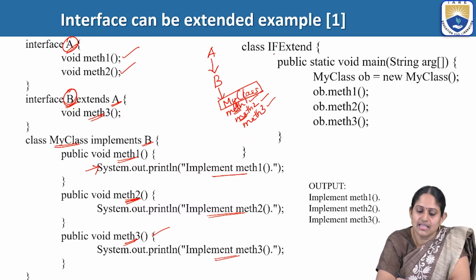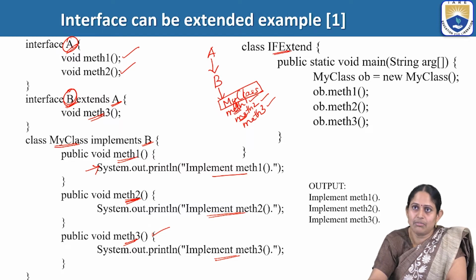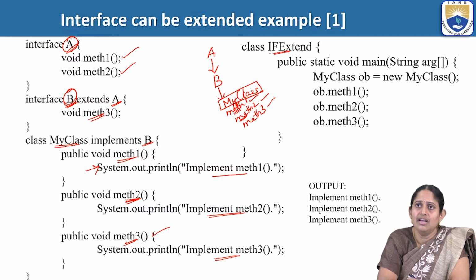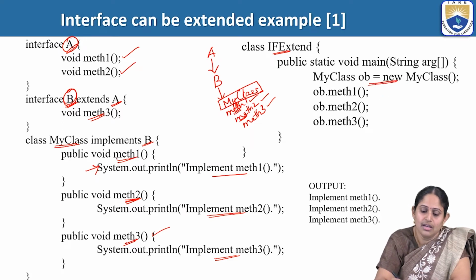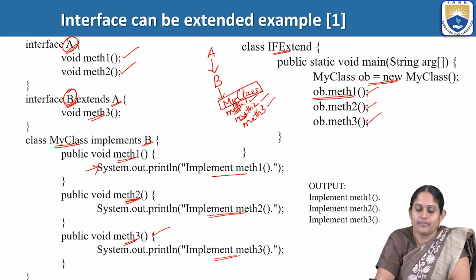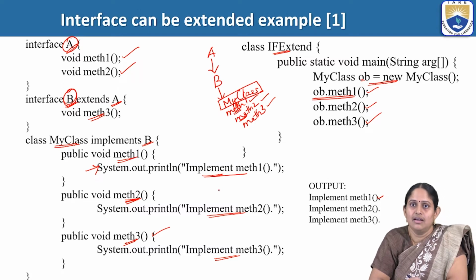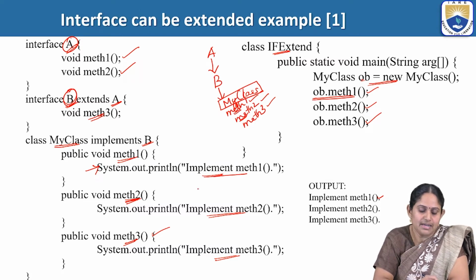Now in our test class, named IFExtend, we create an object of MyClass. Using that object, we can invoke meth1, meth2 and meth3. When we invoke meth1, we get the output implement meth1, because that was the statement displayed inside meth1.